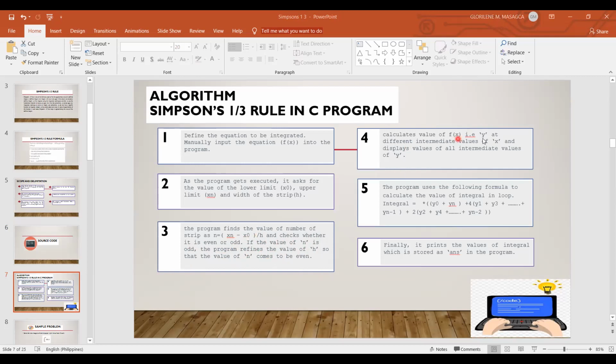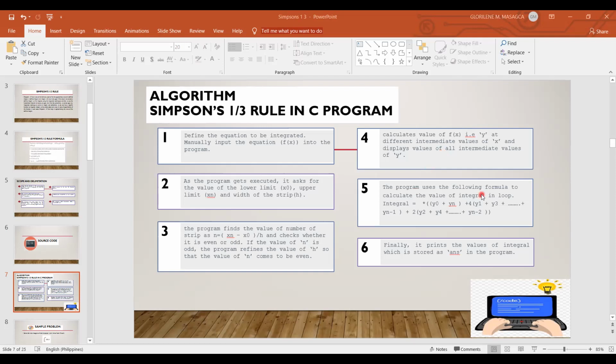Calculates the value of f(x), y, at different intermediate values of x and displays values of all intermediate values of y. So here, the inputted values of x0 up to xn are then substituted to the f(x) equation to get the values of y. So the values of y are displayed in the output of the program.